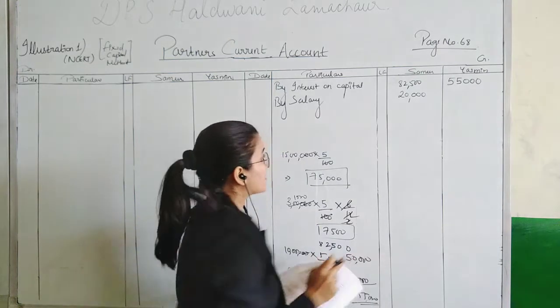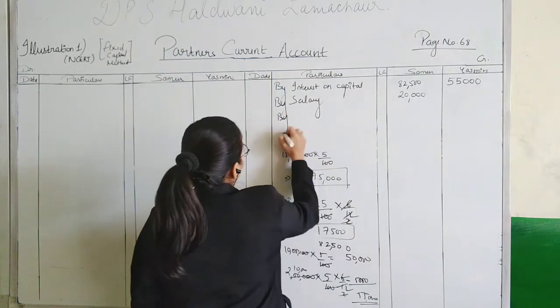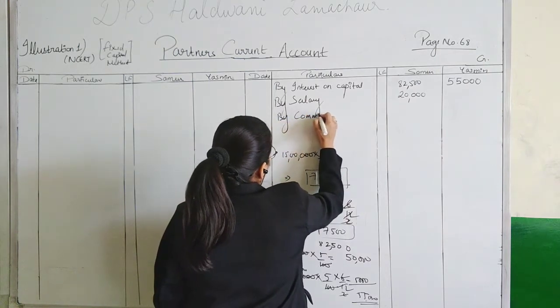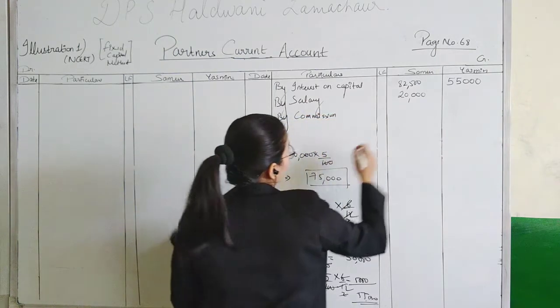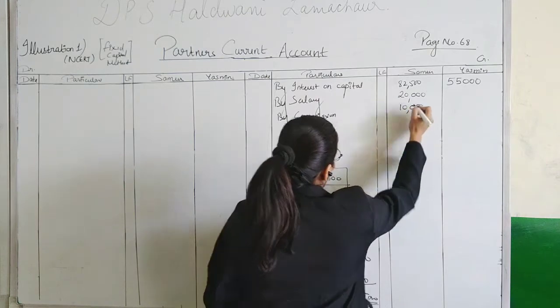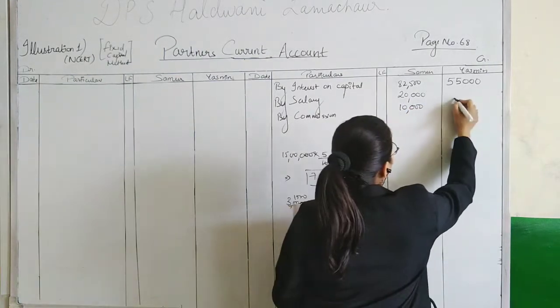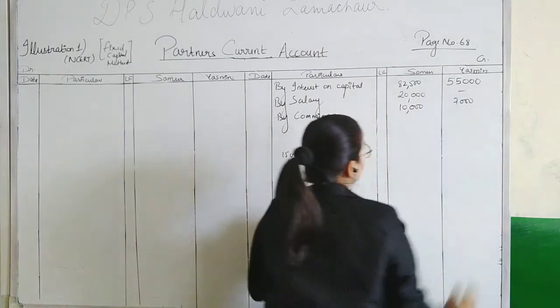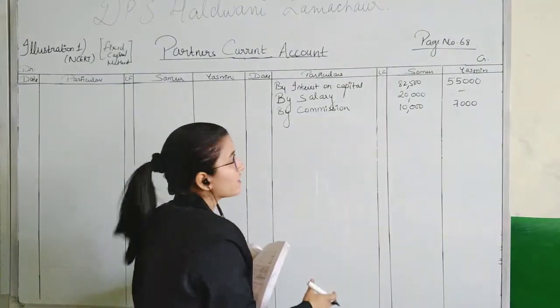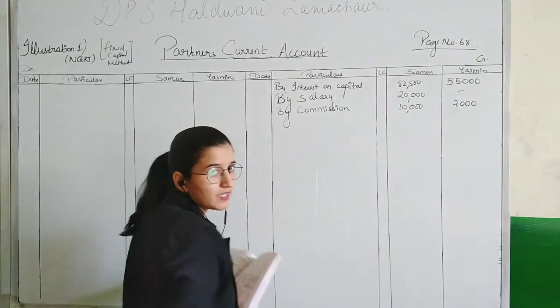Commission paid to Sameer is 10,000. We will write here by commission, 10,000 to Sameer and 7,000 to Yasmin. So these are the transactions which will be recorded on credit side.